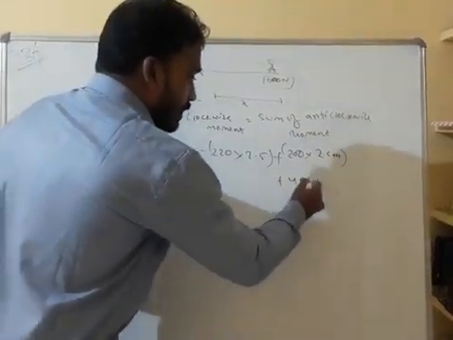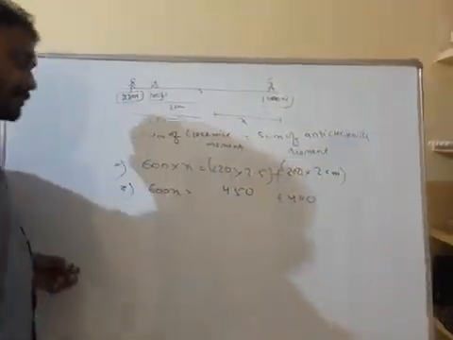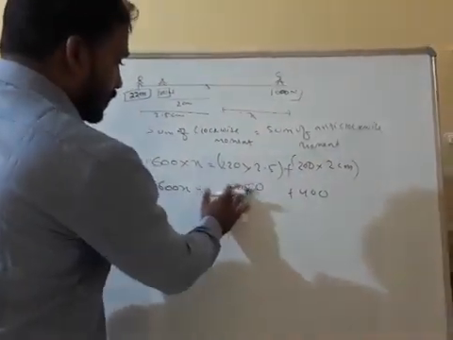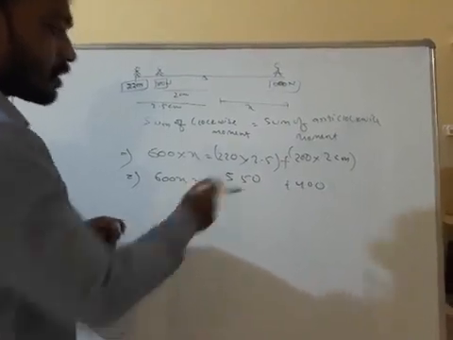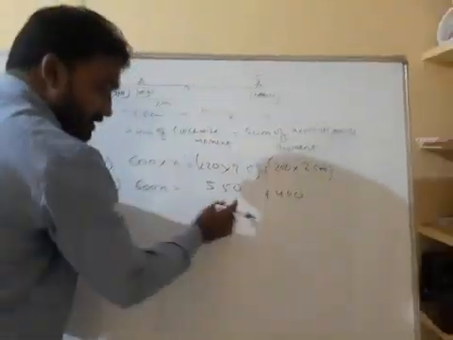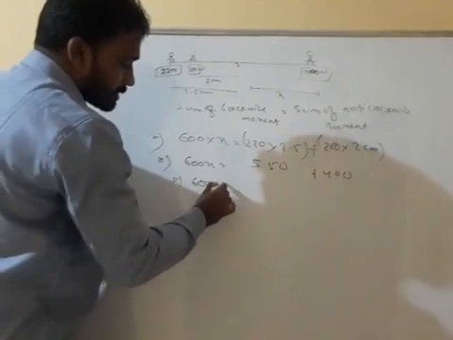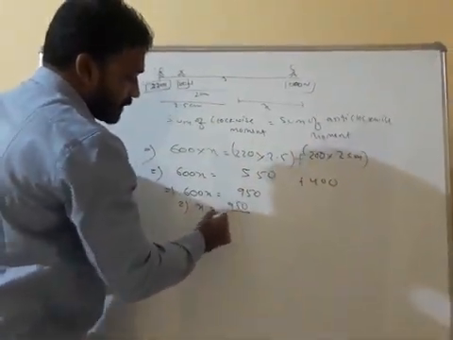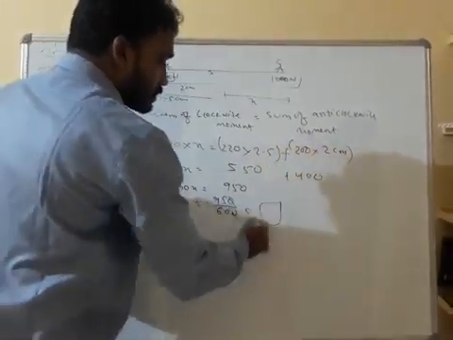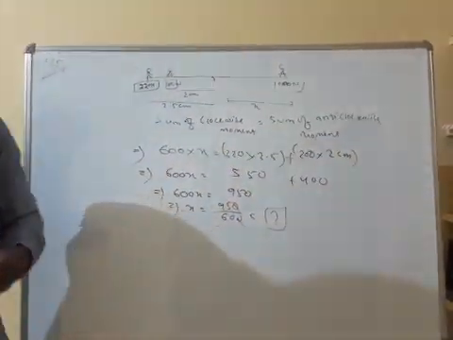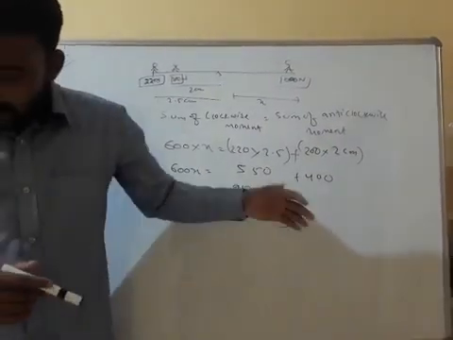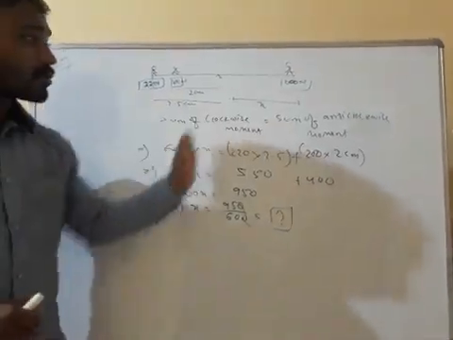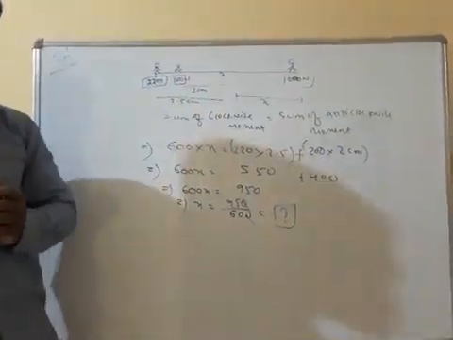This is 550, and 200 into 2 is 400. Then 600 x is equal to 950. x is equal to 950 divided by 600. You will get the answer. Understood? The answer will be 1.58 centimeter. This is all about your clockwise and anti-clockwise movement.